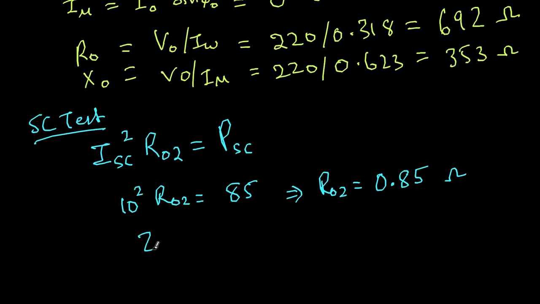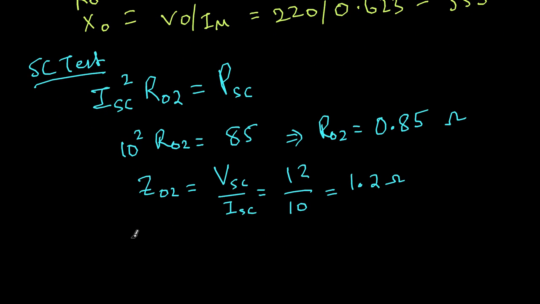Now let's calculate Z02. Z02 is the short circuit voltage divided by the short circuit current. The short circuit voltage was 12 volts and the short circuit current is 10 amperes, so I'll get 1.2 ohms as my impedance. From this I can calculate X02, which is the square root of Z02 squared minus R02 squared.